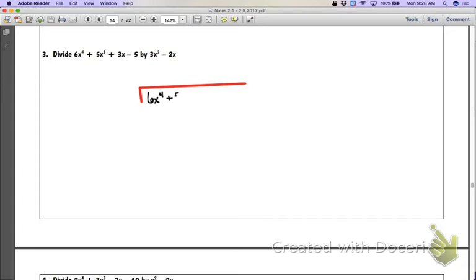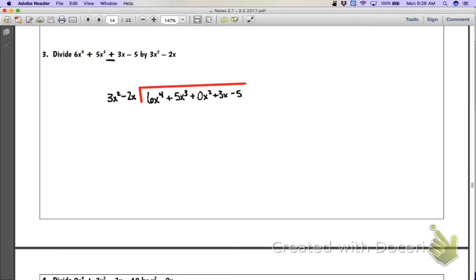If I have 5x to the third, and it goes from x to the third to an x, I still need to make sure that I have plus 0x squared, plus 3x minus 5, and then I can divide by 3x squared minus 2x.